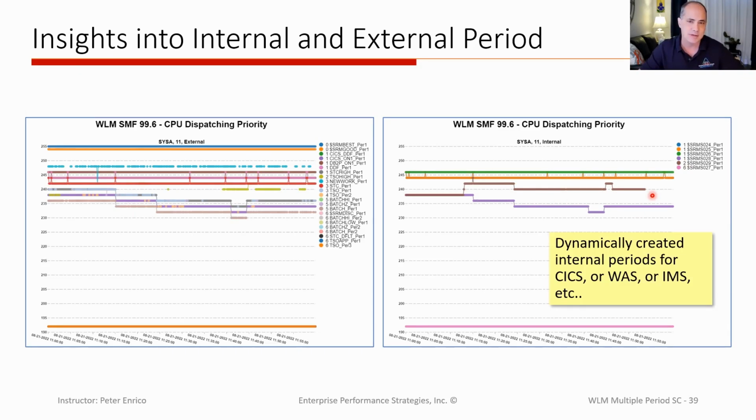And typically the address spaces you're going to see here are CICS address spaces, IMS address spaces, WebSphere servant regions, and stored procedure address spaces. So those are the kind of address spaces we see in these dynamic $SRM periods, but we get to see what their dispatching priority is relative to the dispatching priority of the work you've defined.